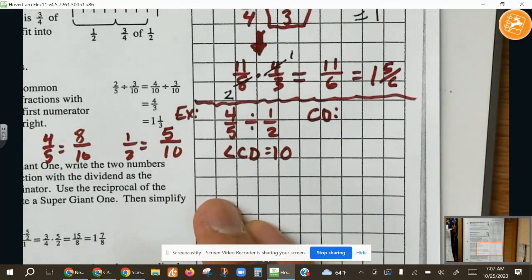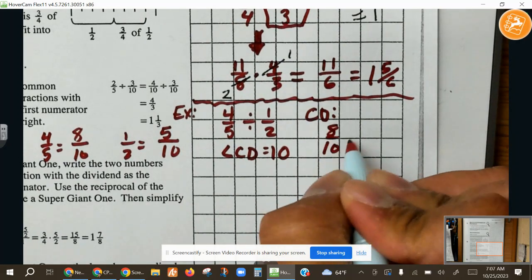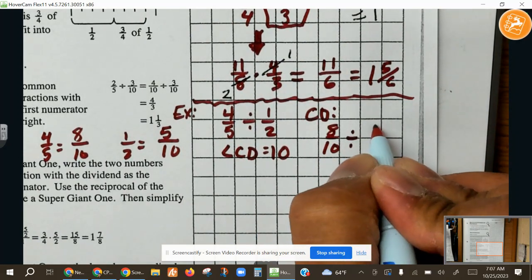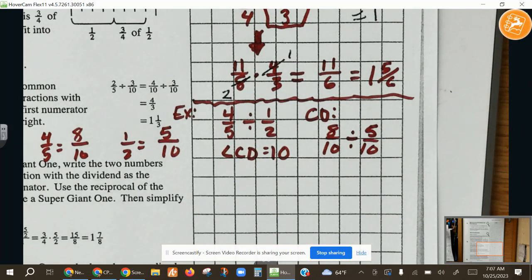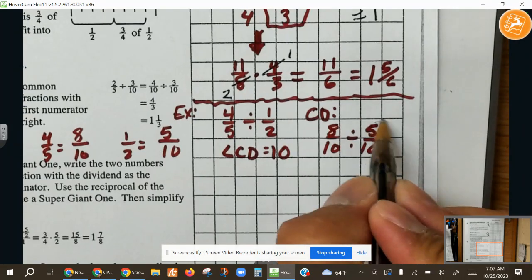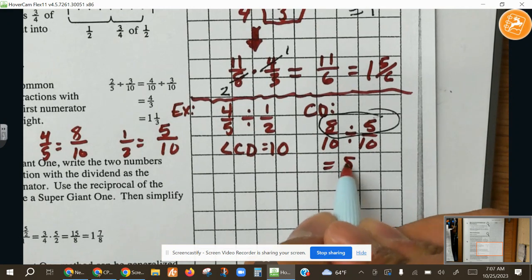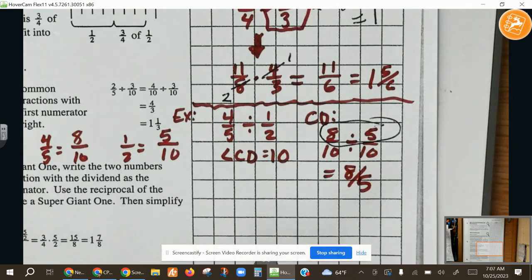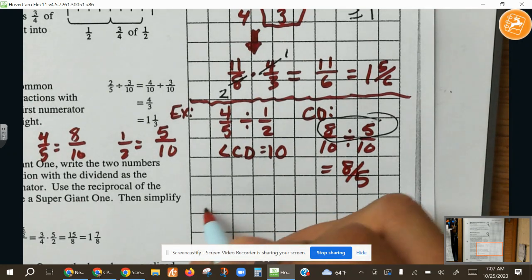So our new problem is 8/10 divided by 5/10. And therein is our answer. Our answer is 4/5 divided by 1/2 is equal to 8/5. Common denominator method.